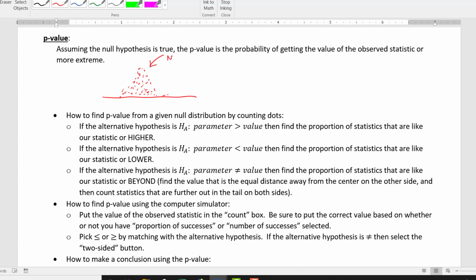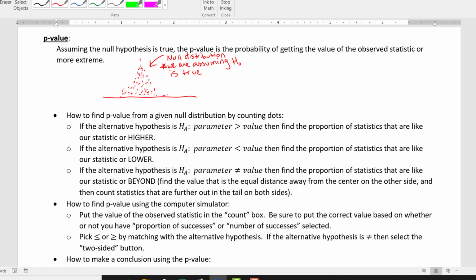So this is the null distribution. It's the distribution of sample statistics we expect to get if the null hypothesis is true. Notice that means we are assuming the null hypothesis is true when we build this null distribution.